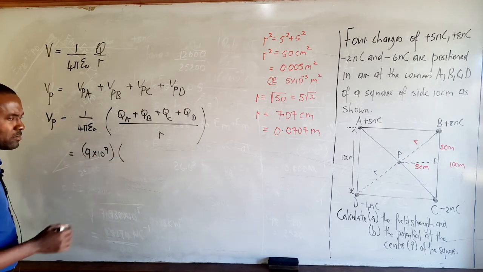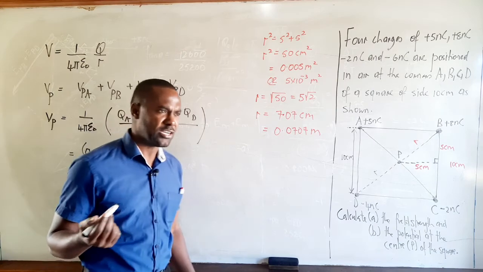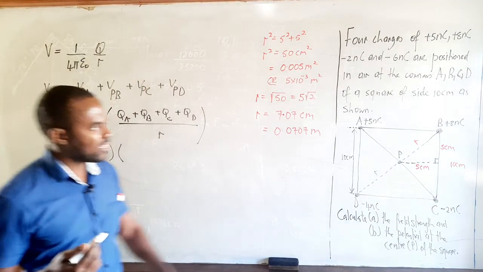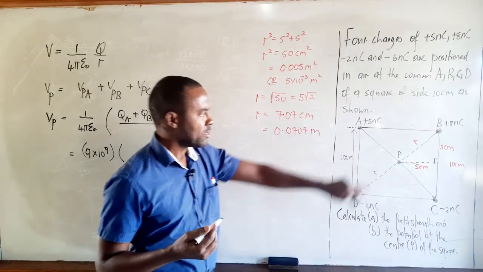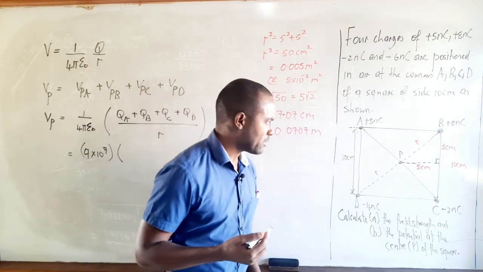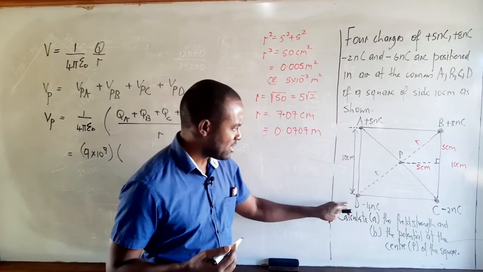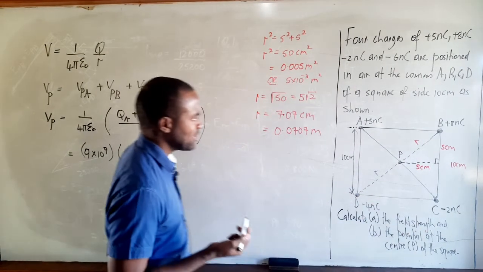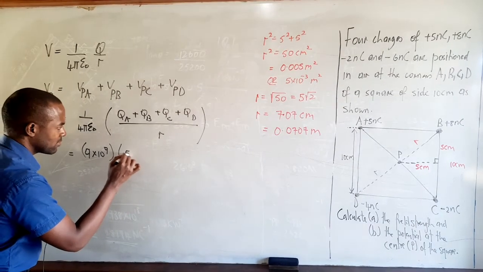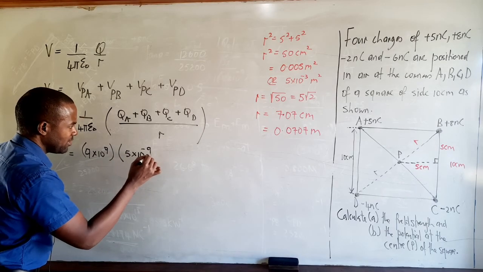Remember that when calculating potential, the potential at the point due to a particular charge will carry the sign of the charge. So the potential at P due to the charge at A will be positive, whereas the potential at P due to the charge at D and also at C will be negative. So the charge at A is 5 times 10 to the minus 9.